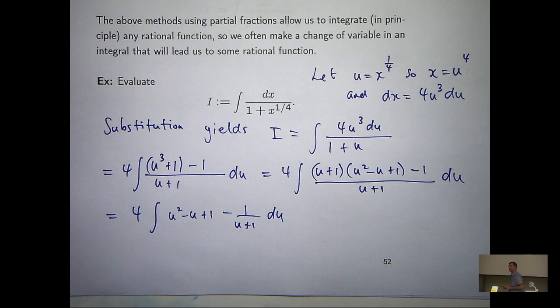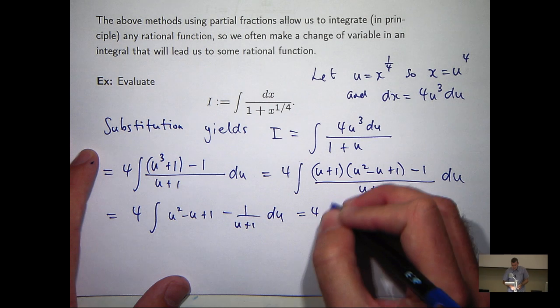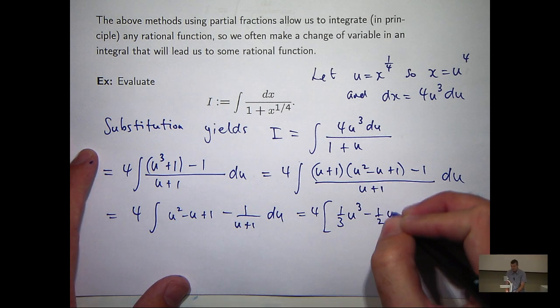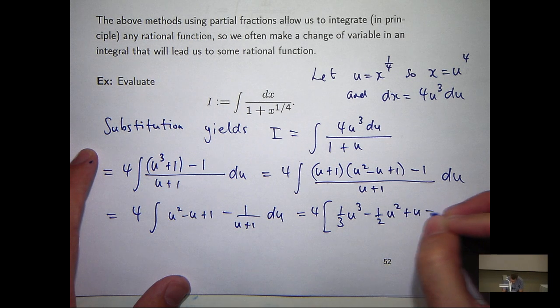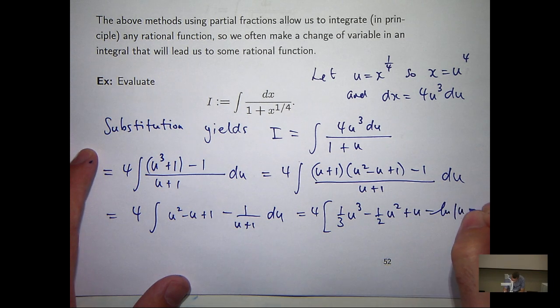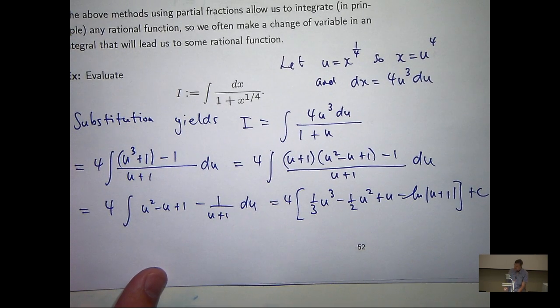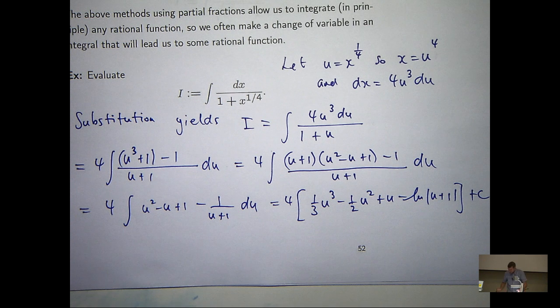So now I can just integrate each of those terms, right? So let's do that. Now I'm just going to put the plus c out on the right-hand side. So I've done my integration. All I need to do now is get back to x's.